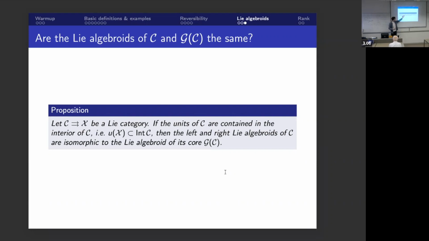Our core is now open in our category by this theorem, so it doesn't matter what's going on infinitesimally. These two are going to be the same, right? So this is the first corollary that really has some depth of the previous theorem.